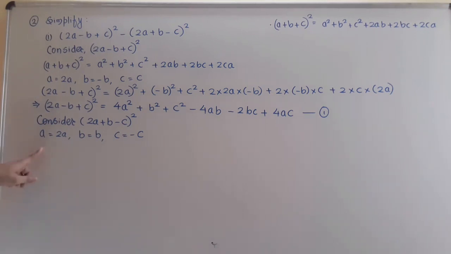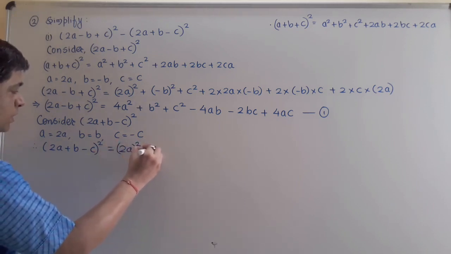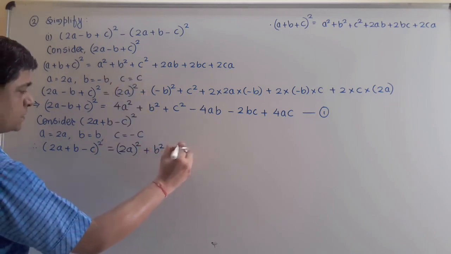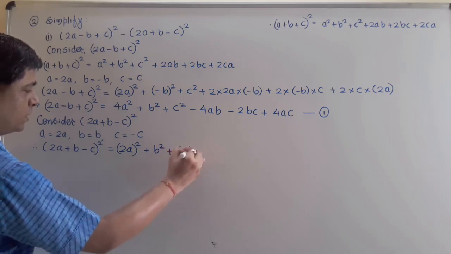Now all these values I will put in the same formula. So I can say that (2a + b - c) whole power 2 is equal to, because again I am putting these three values in the formula, first of all a square, that will be (2a) whole power 2, plus b square, which is b square only, but c square will be (-c) whole power 2.